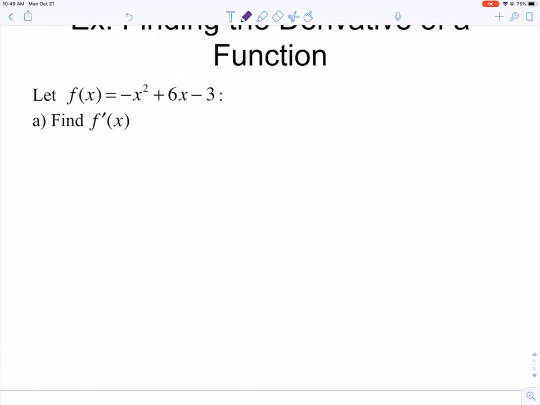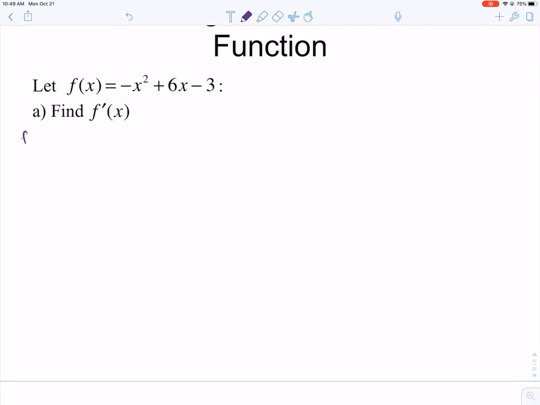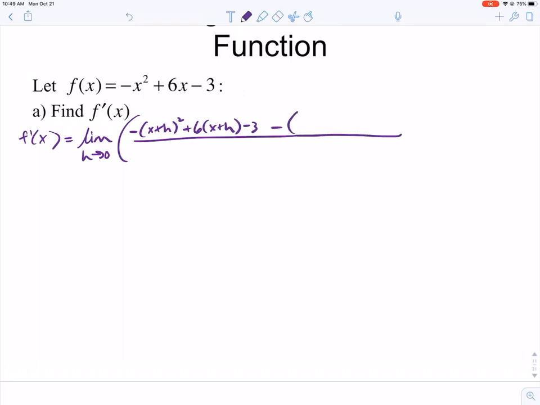So f prime will be equal to the limit as h approaches 0 of the difference quotient. So negative x plus h squared plus 6 times x plus h minus 3 minus the original function f of x all over h.